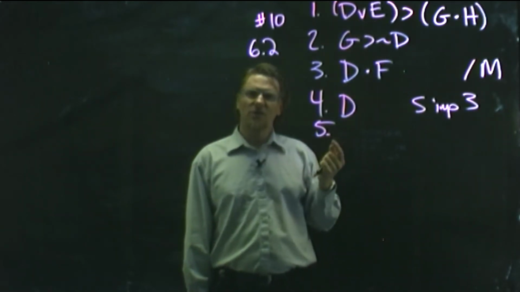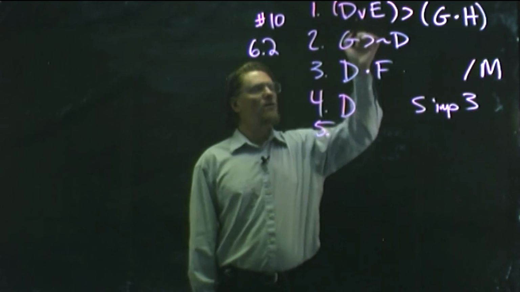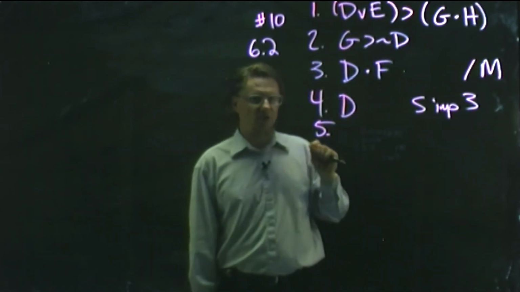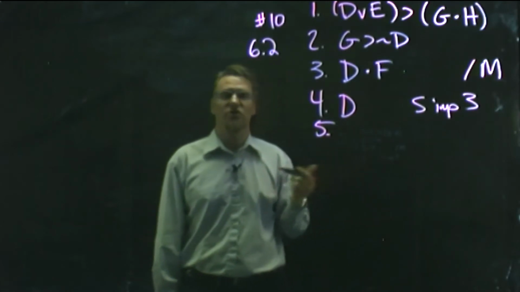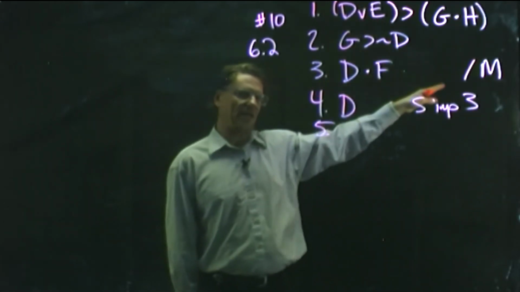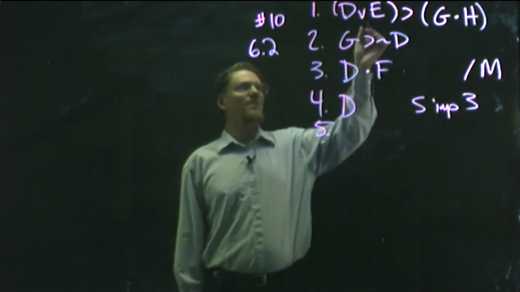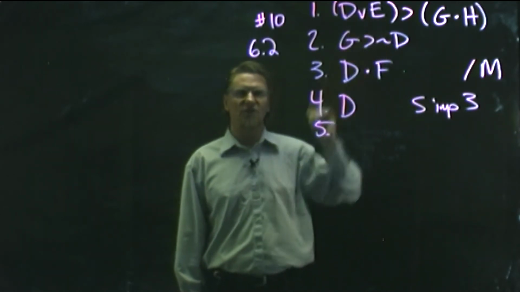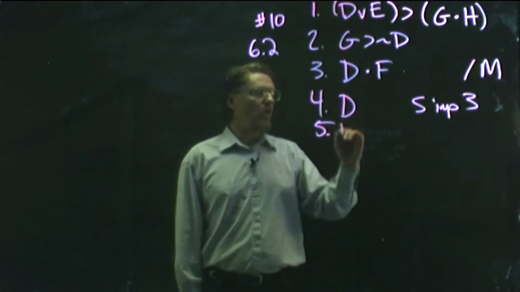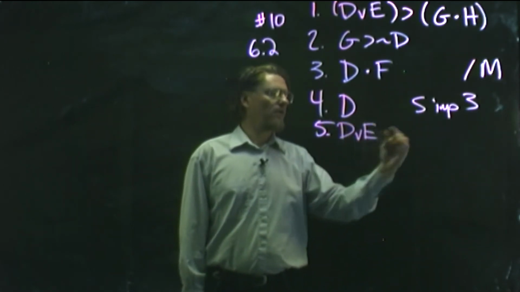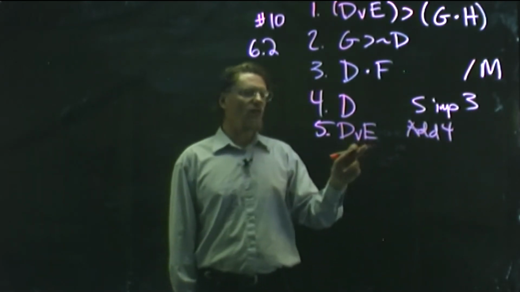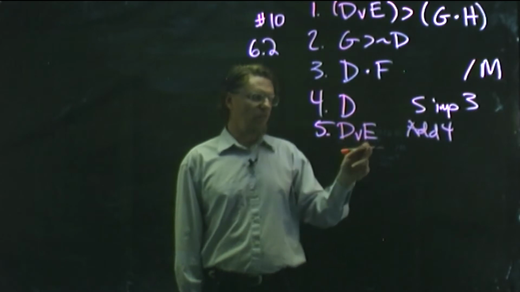So we might ask ourselves, well, is there some way to get the wedge E removed from line 1? And I hope that we can quickly dispense with that notion, right? Because there is no rule that will let you get wedge E out of there. So rather than somehow surgically remove the wedge E from line 1, what we can do instead is add on the wedge E here to line 4.